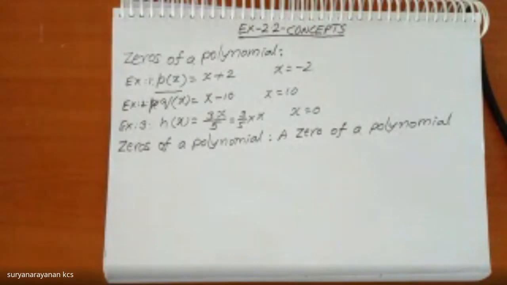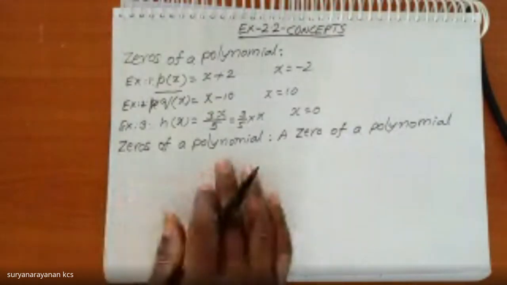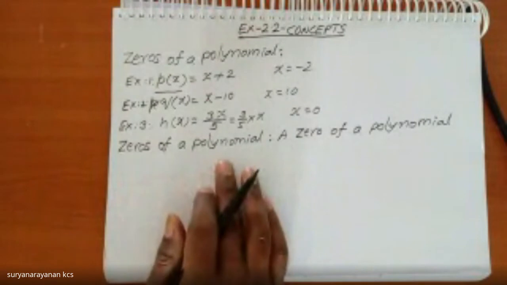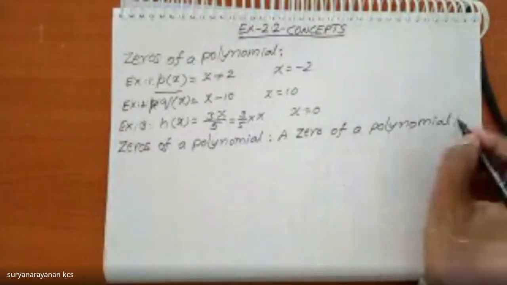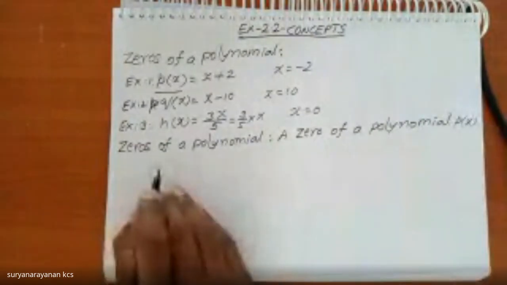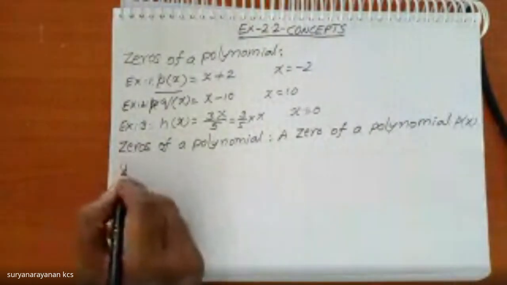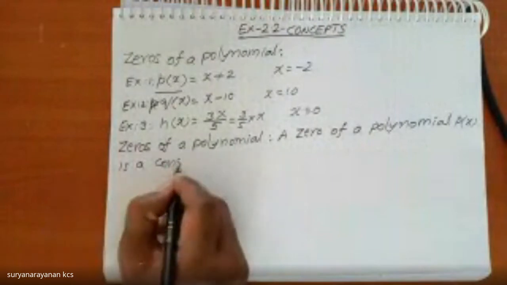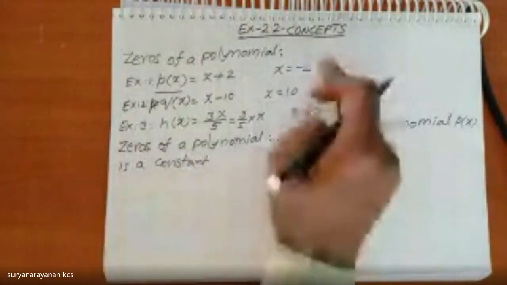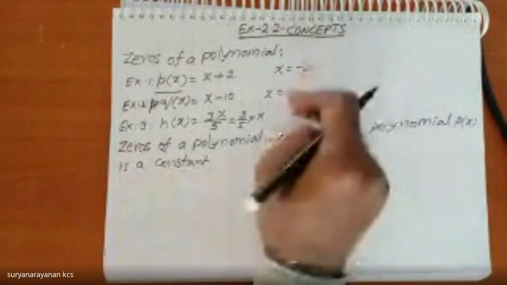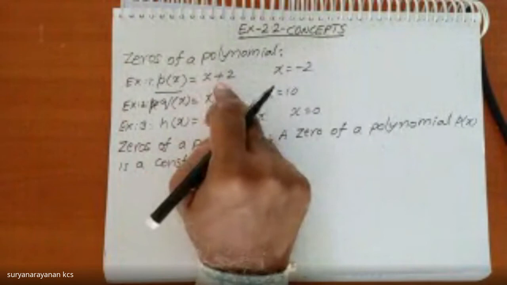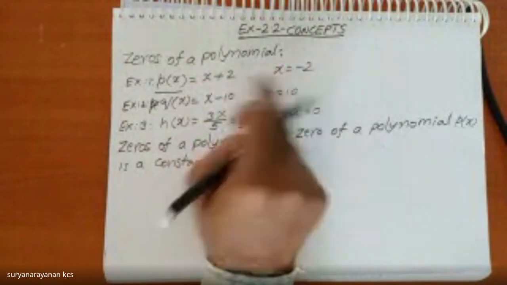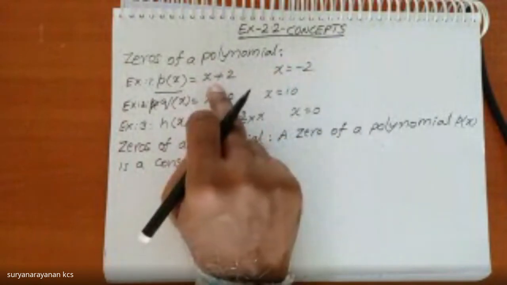Now come to the definition of zeros of a polynomial. A zero of a polynomial P of x is a constant. Previously I told you these are numbers, constants. These constants give the value of the polynomial as 0. When we substitute these values in the given polynomial, we get the value of the polynomial as 0.